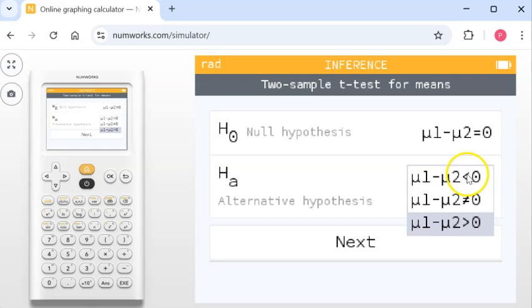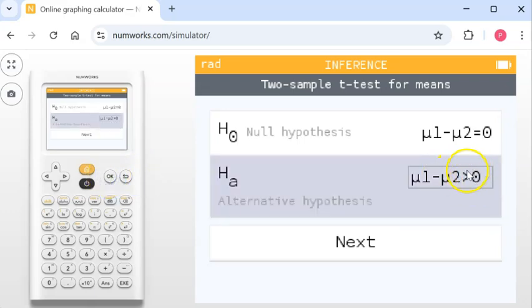Look, we have 3 choices: less than, not equal to, or greater than. So we just have to pick the one that goes with our test. We're doing a right tail test, so we're going to choose greater than. If we were doing a left tail test, we would choose this one. If we were doing a 2-tail test, we would choose this one. But we're doing a right tail test, so we're going to choose this one, okay? See, we have the greater than.